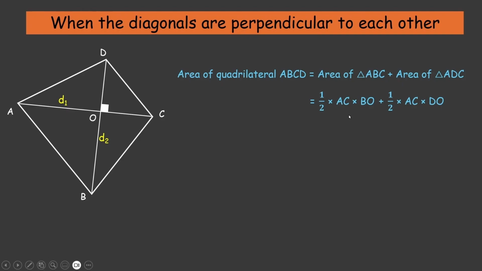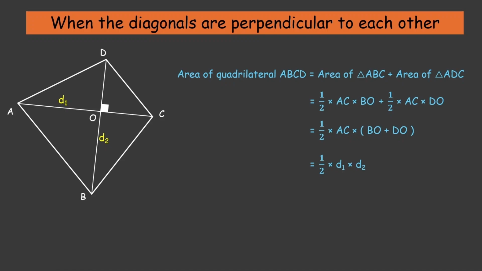Now once again, half into AC is common and this is multiplied with BO plus DO. So BO plus DO is BD, which is the second diagonal, which is D2, right? So half into D1, which is AC, into D2, which is BO plus DO.